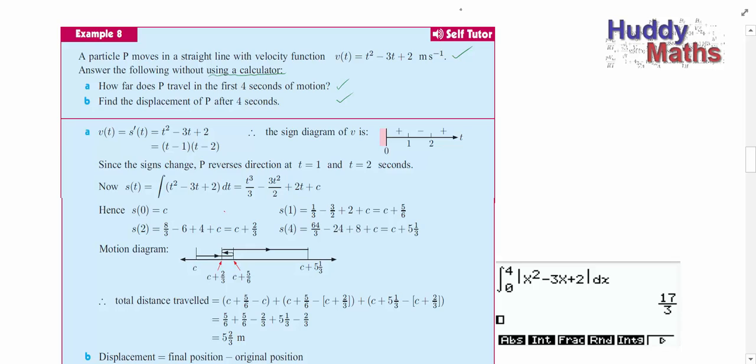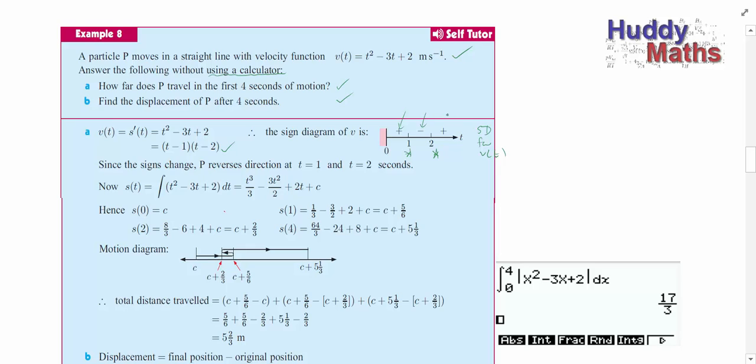Alright, let's have a look. So there are steps. First of all, you're given the velocity, and so let's draw a sign diagram. Let's find where it stops. It stops at 1 and 2. Okay, I like students to put in a sign diagram for v of t. So in this region between 0 and 1, you sub a value into v, find its sign.